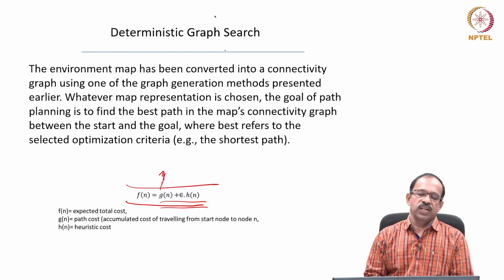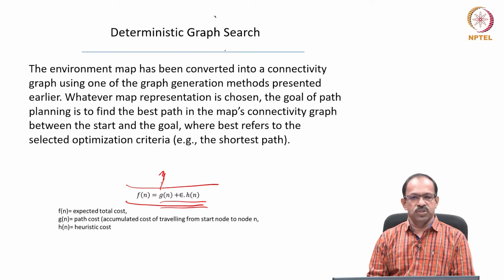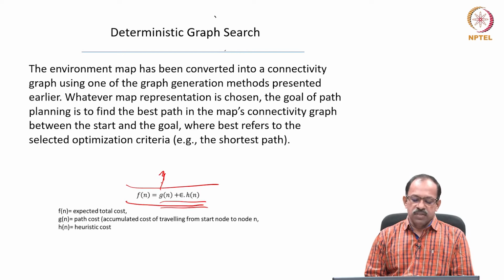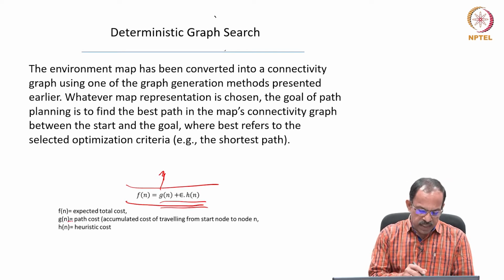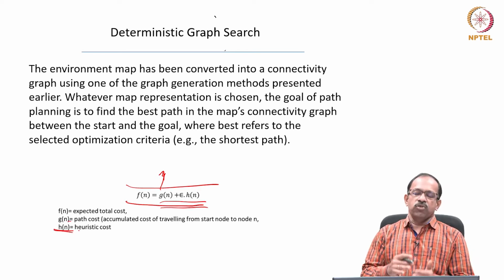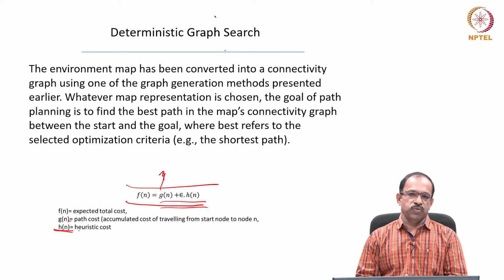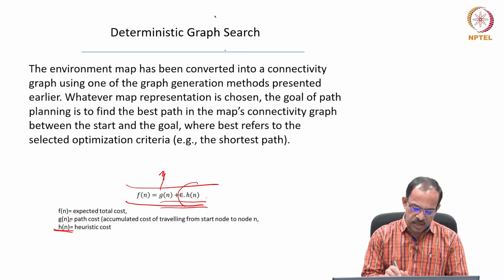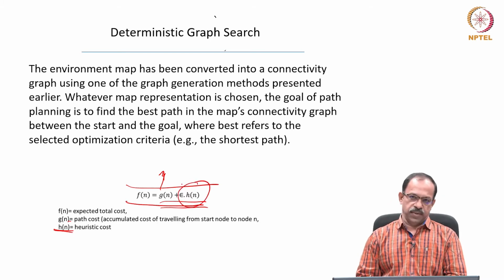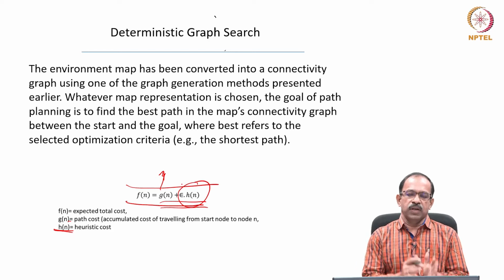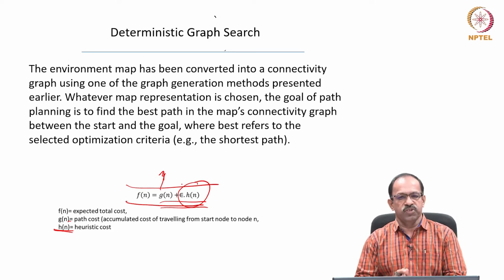So, Gn is the cost between nodes, and not only the cost of travelling, we can add something else into the cost function also, which we call the heuristic cost Hn. So, the total cost will be the sum of node cost plus the heuristic cost.